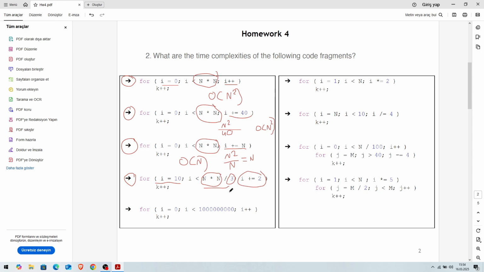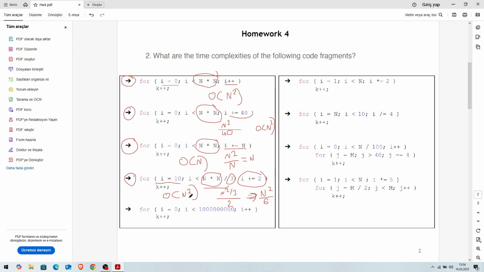So roughly our iteration count is n squared divided by 3 divided by 2, which is n squared divided by 6. It's again proportional to n squared, so the time complexity is O(n squared) here.